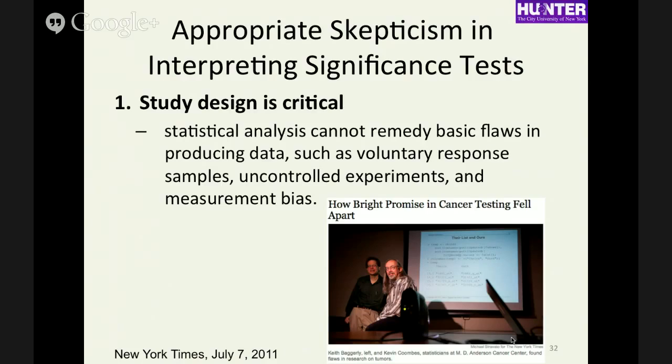And in my field, in cancer genomics, there have been some very high-profile retracted papers and withdrawn clinical trials for reasons about this, because there were flaws in the study design where a sort of interview bias where they used a different set of experiments on the controls than they did on the cases, so they got small p-values, but it was just because of technical flaws of how they did the experiment. That has to be assessed independently of your p-value.